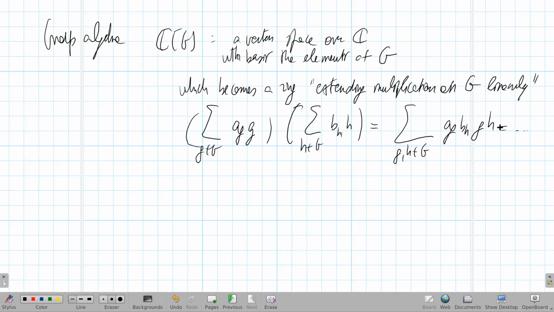Here you will have the same element repeated, but if you write them in standard form, you'll find, let's use different letters: x in G, and then you sum over x, a_g b_h, over g, h in G such that gh equals x.